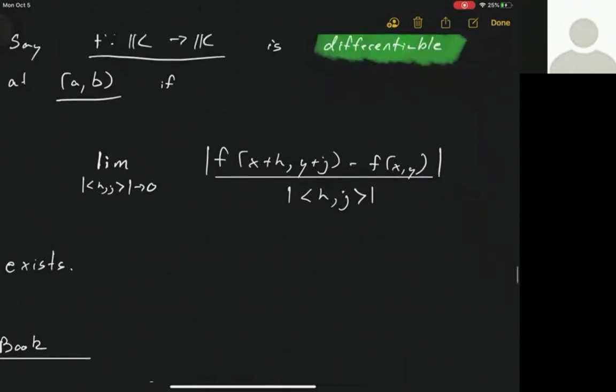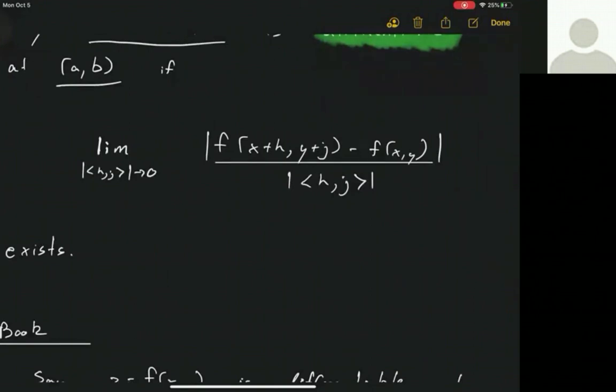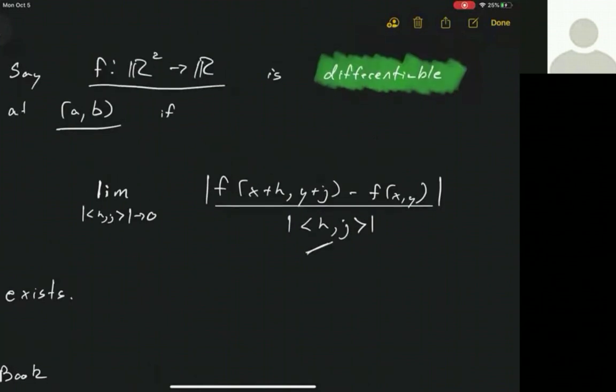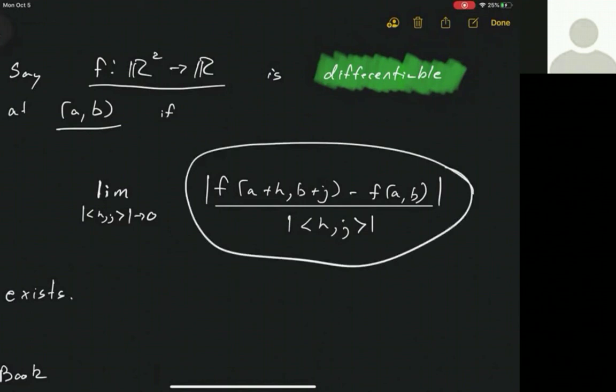We're saying that this limit exists no matter what h and j are, no matter what path I'm approaching my point (a, b) along. In fact, let's change these to a, b. So no matter what path I'm approaching (a, b) along, this limit exists. It's like saying it doesn't matter what direction you're approaching from, whether from the x direction or the y direction. If this limit exists no matter what, then we say our function is differentiable.